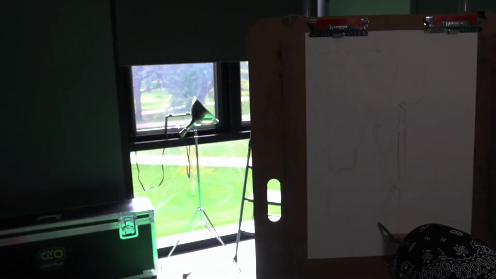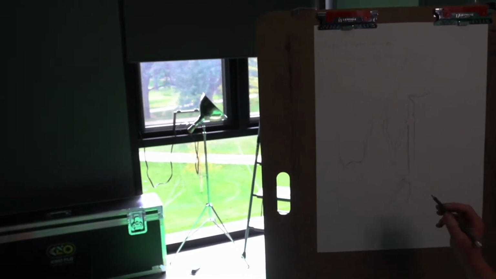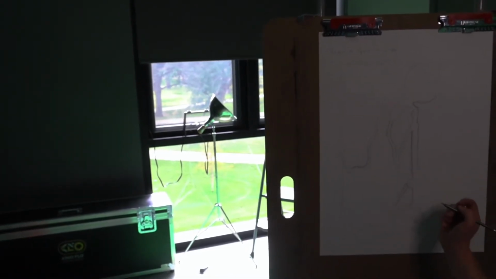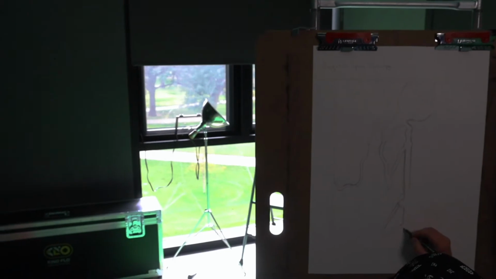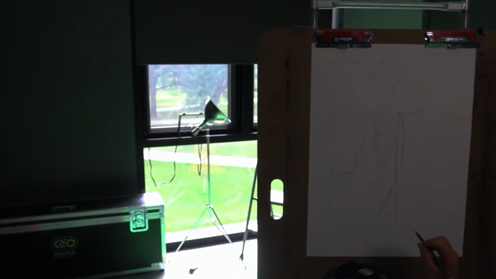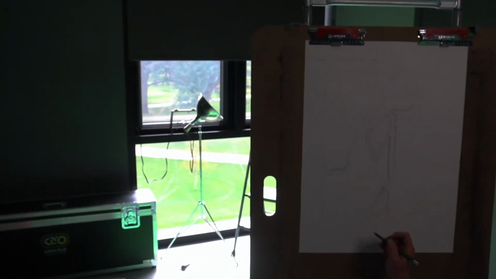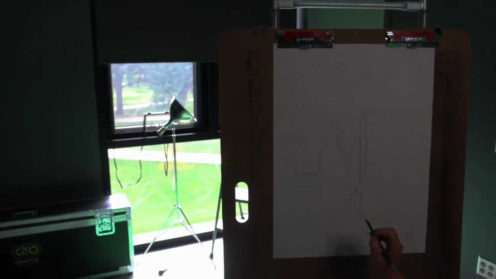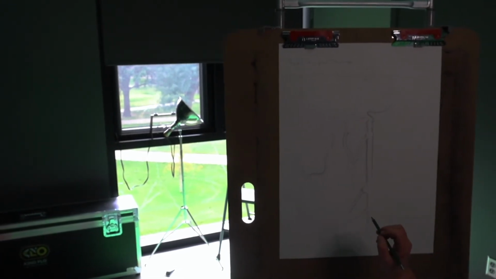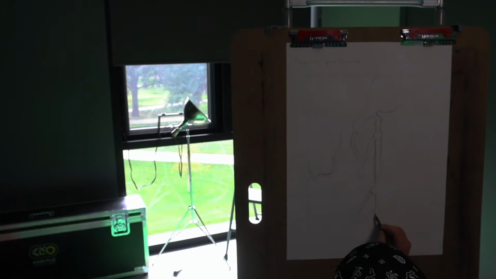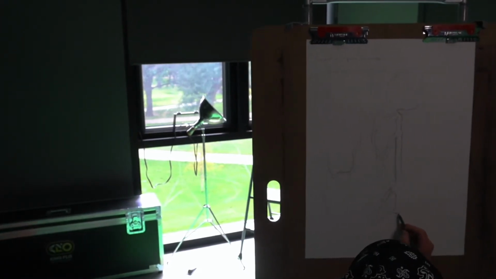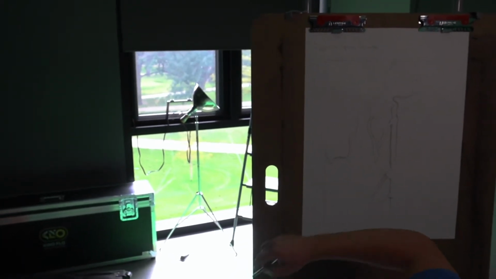Okay. And then there's kind of a repetition happening there. Little area in here. Okay, I kind of got lost there, so I'm just going to go over that and I'll correct it later.